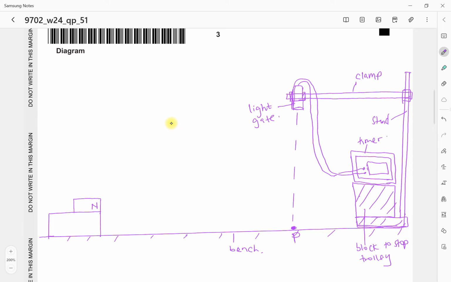So I have to, like I said, clamp this. So I'm going to put a G clamp. Let me change the color here for the G clamp.